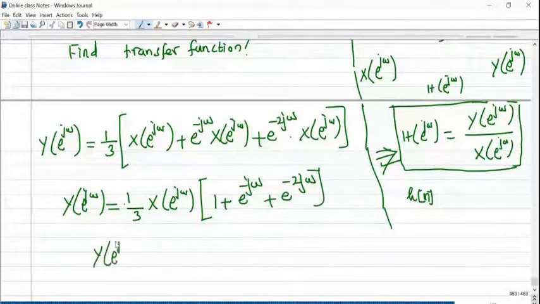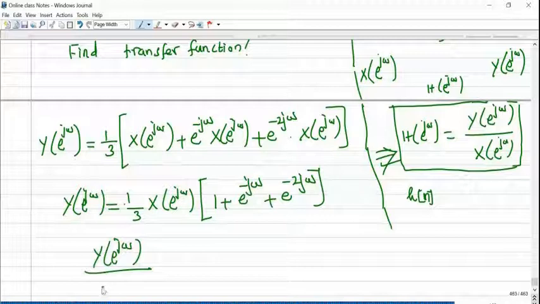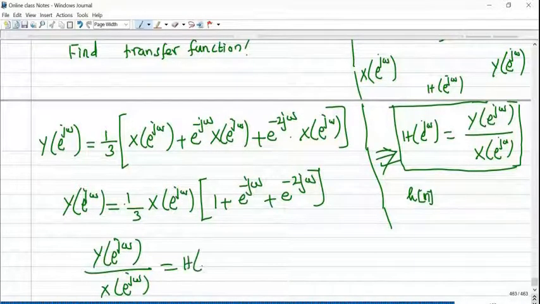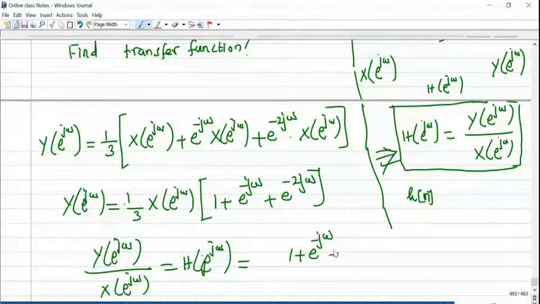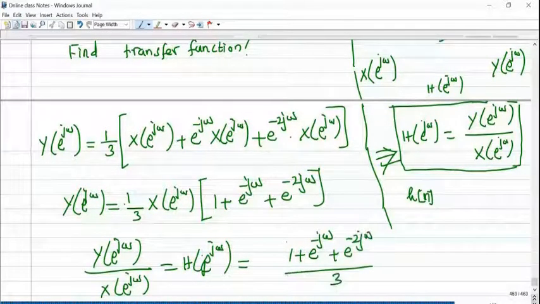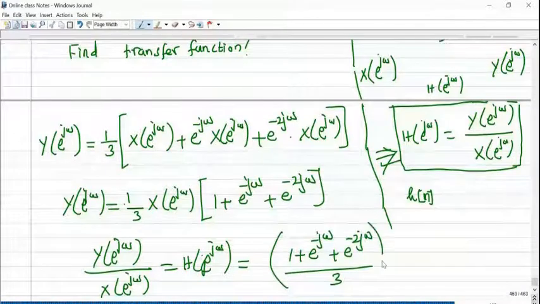Y of e power j omega divided by x of e power j omega, that is your transfer function of the system. So the result is 1 plus e power minus j omega plus e power minus 2j omega, divided by 3. So this is your transfer function of the system.